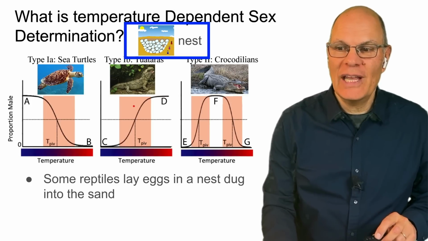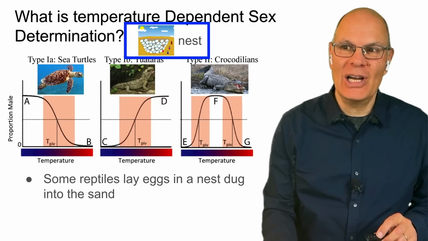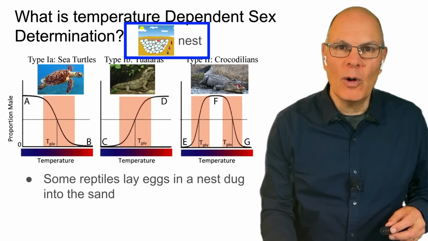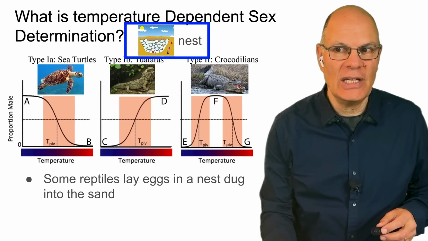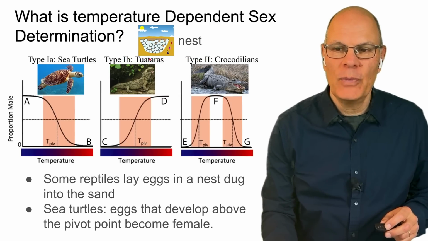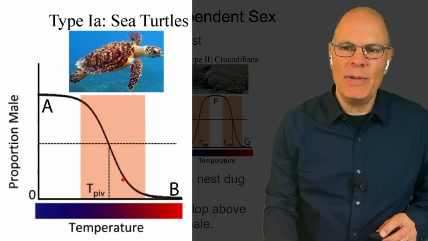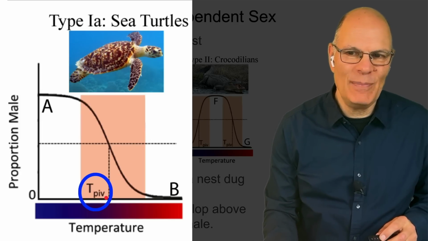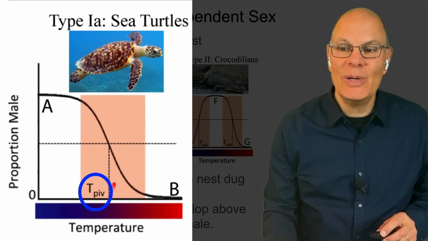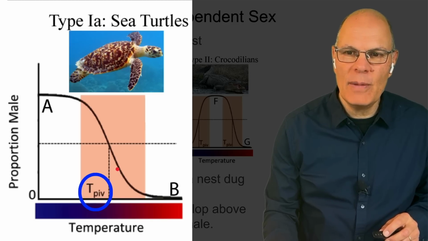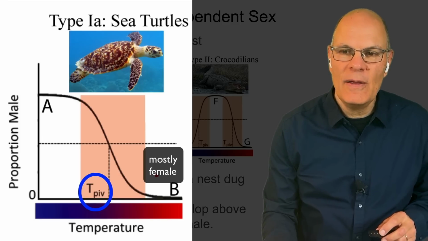Some reptiles lay their eggs in a nest that's dug in the sand. And as you might imagine, it's warmer on the top, closer to the sun, and cooler down below. These animals develop based on a pivot point that's represented by TPIV over here. So in sea turtles, the eggs that develop above the pivot point become female.